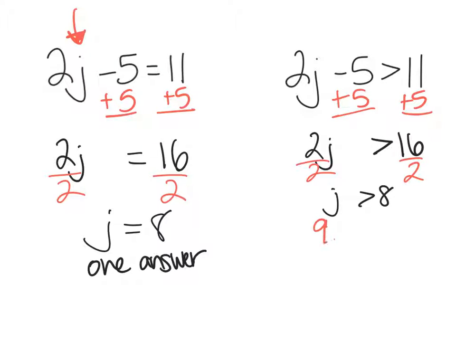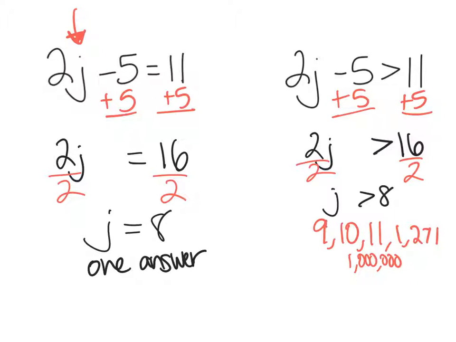Greater than, okay? J has to be bigger than 8. Any number greater than 8. 1 million. Or 9. Or just 9. There are so many choices.